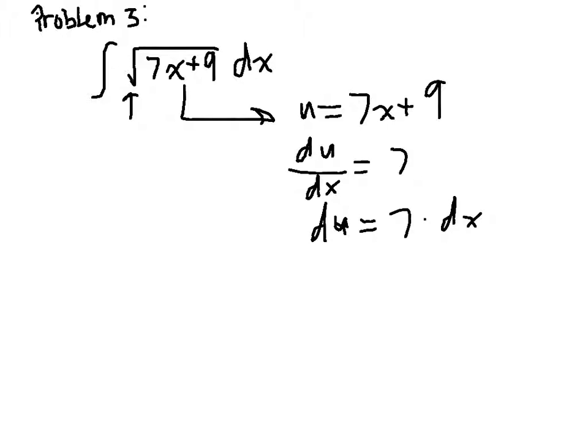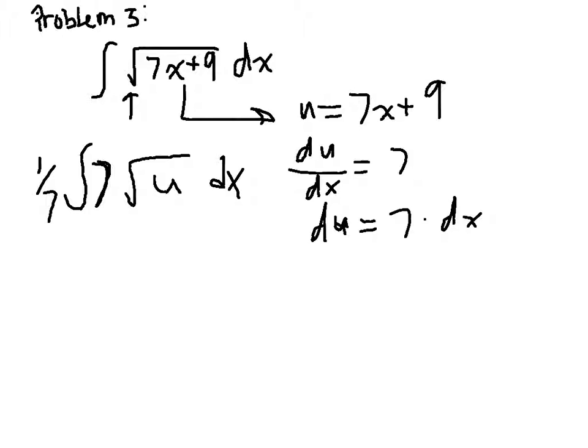Okay, now that we have the function in terms of u, we can rewrite this equation as the integral of the square root of u and dx. Since 7x plus 9 is equal to u, we can substitute that in. And since we also have 7 for du dx, we can put a 7 in as a coefficient, but since we added the coefficient, we get to multiply by the reciprocal on the outside.